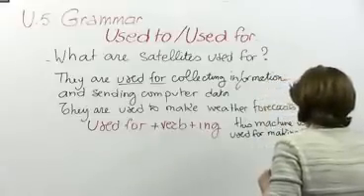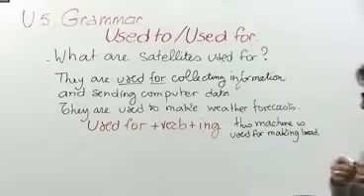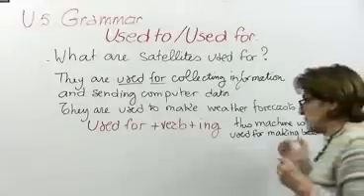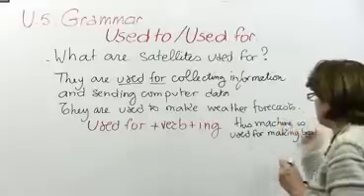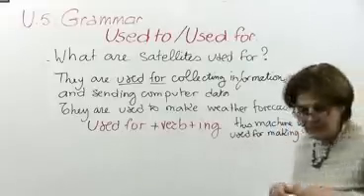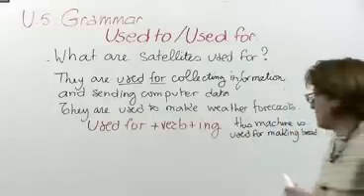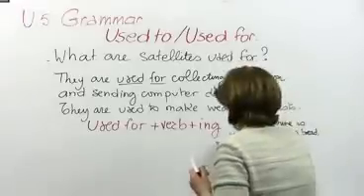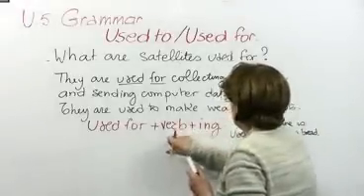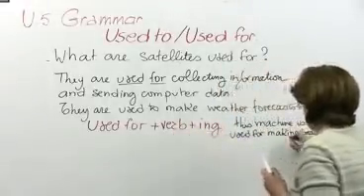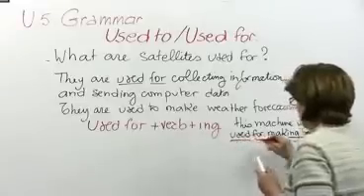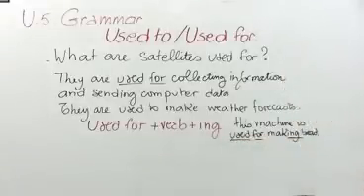It means if we want to make bread, we use this machine. This machine is used for making bread. You have used for plus the verb plus ing form.